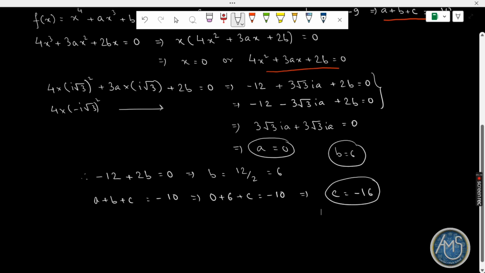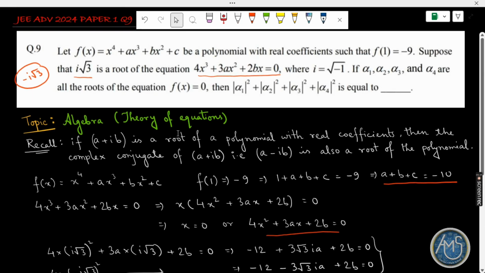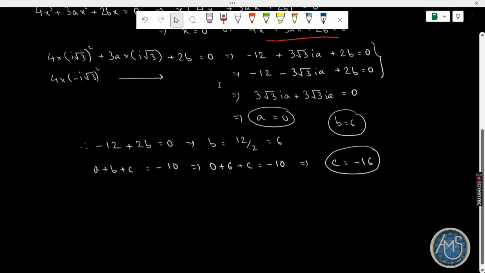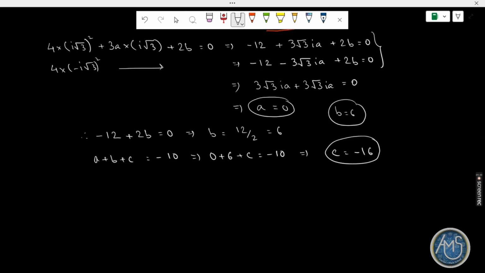Now, if I put all the values of a, b, c in f(x) equals 0, I will get x to the power 4 plus a x cube plus b x square plus c equals 0, which implies x to the power 4, then a is 0, then plus 6x square minus 16 equals 0.